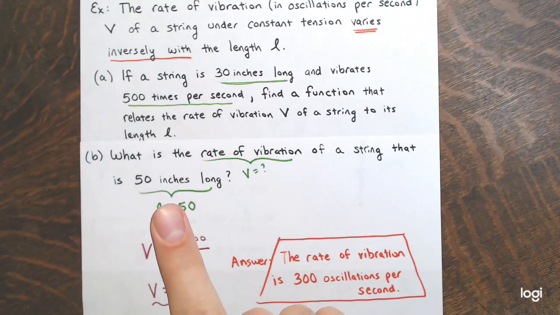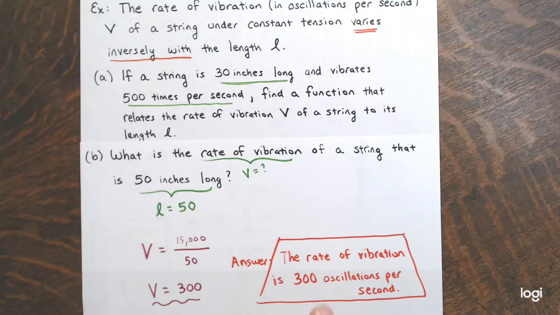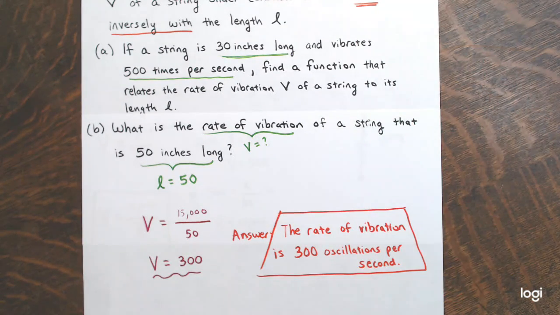The length increased, the vibration rate decreased. It went from 500 to 300. They're going in inverse directions. Length increased, so the rate of vibration decreased. So there's definitely an inverse relationship between V and L here.